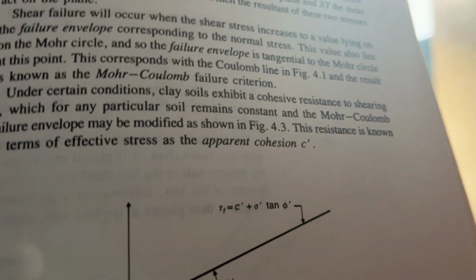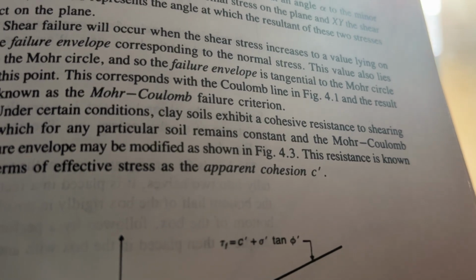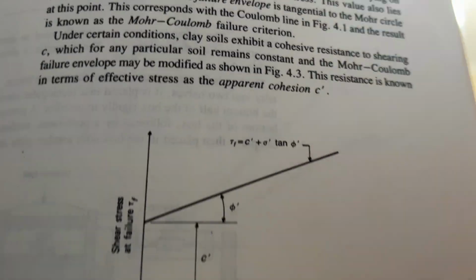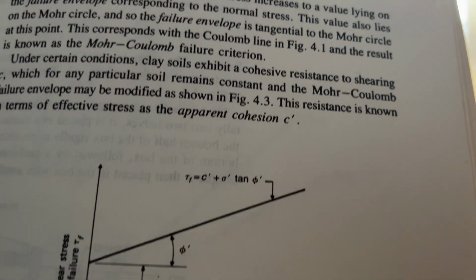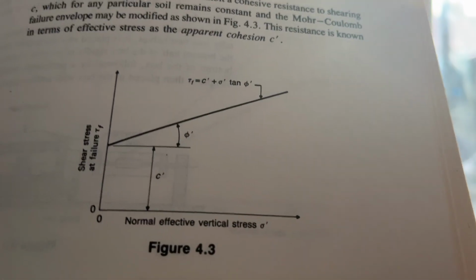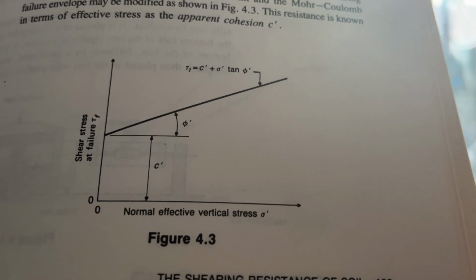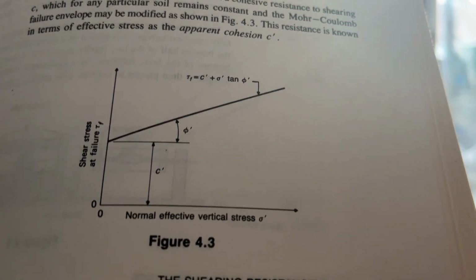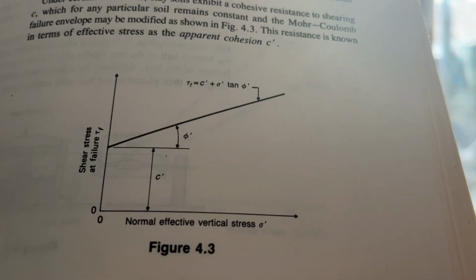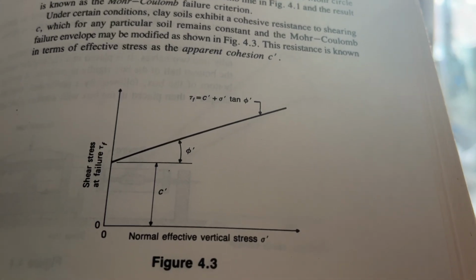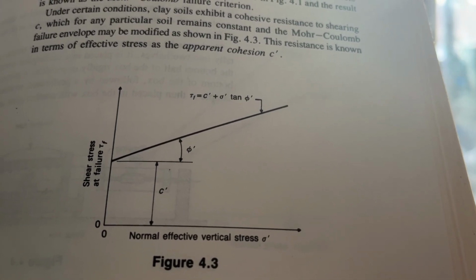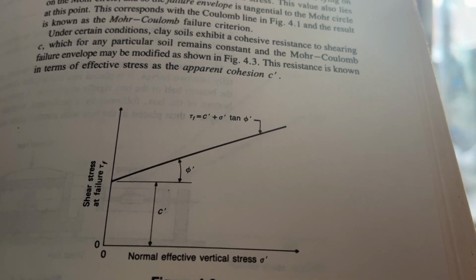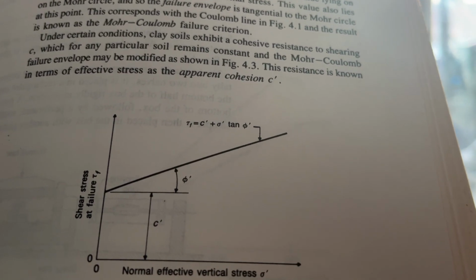That's this one. This resistance is known, in terms of effective stress, as the apparent cohesion c dash. So that's all right, I can understand that. So you've got Y, shear stress at failure, X, normal effective stress sigma dash. Tau equals c dash plus sigma dash tan phi dash.